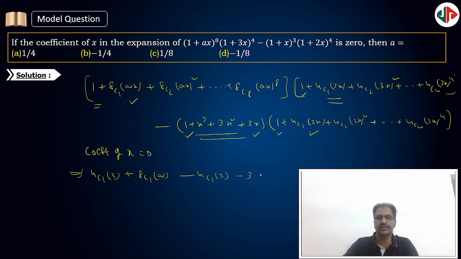So these are the coefficient of x, which is given as 0. So this is 12 plus 8a minus 8 minus 3 is equal to 0. From this, 8a is equal to minus 1. So a is equal to minus 1 by 8, option D.